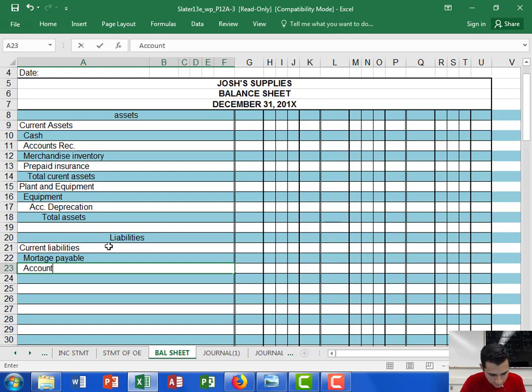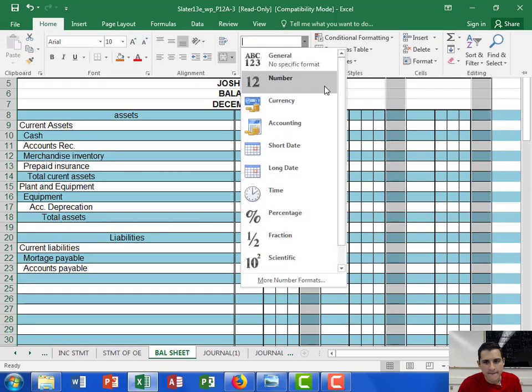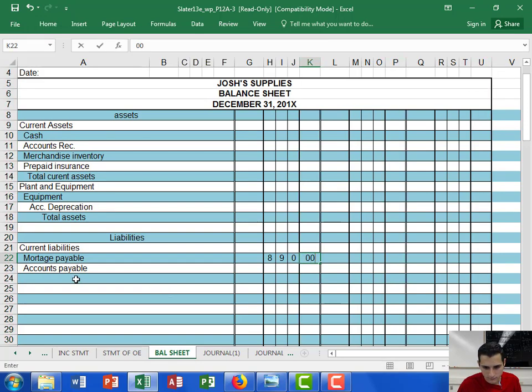Accounts payable. So let me go ahead and put that number in there for you so you know where that goes. This one. This will be right here, $890. Then you're going to have your number for accounts payable, whatever that amount is. Okay.